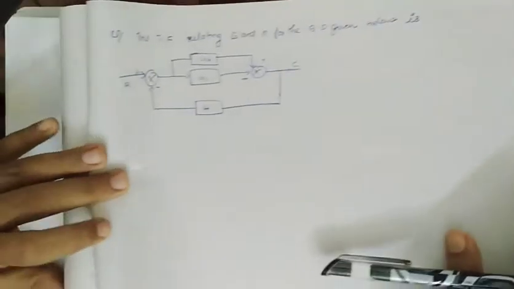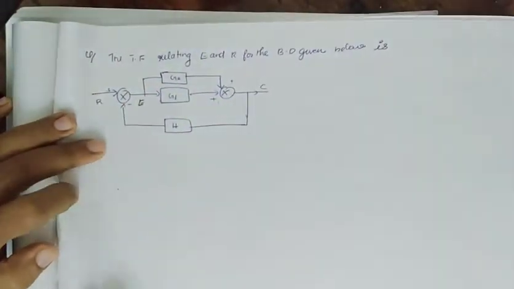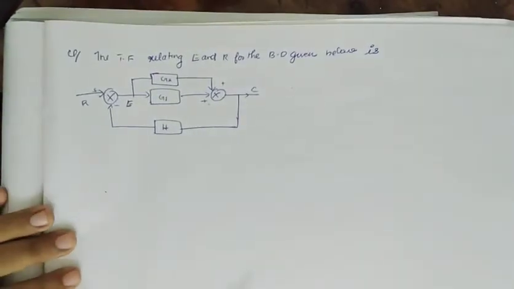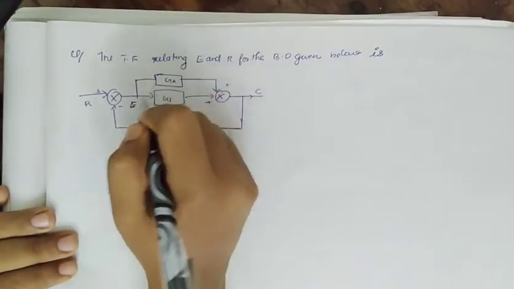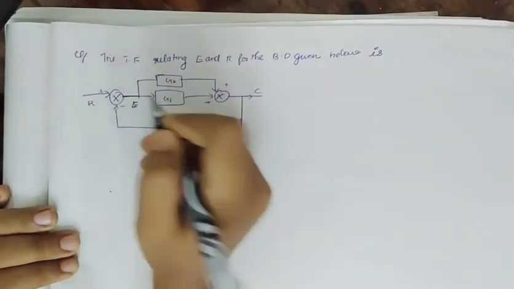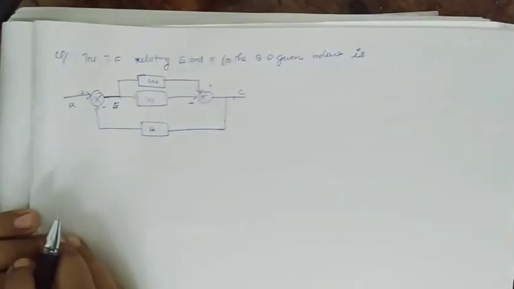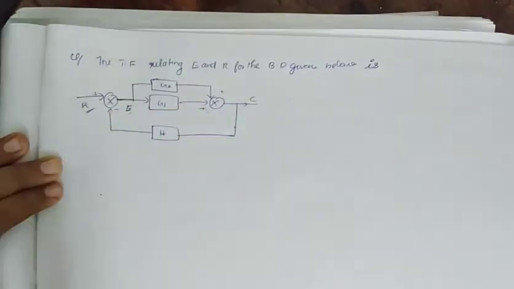The transfer function relating E and R. E is here, okay? So the input is R here, the output is E here. So we have to find the number of forward paths.